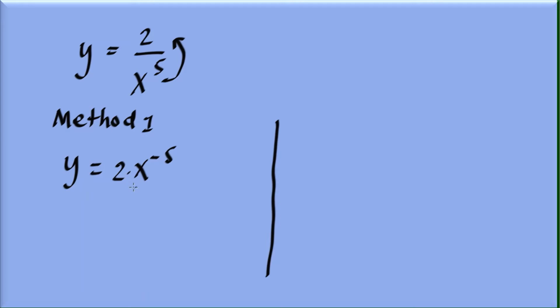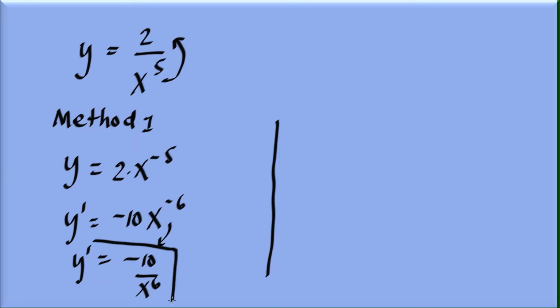So this is no longer a quotient rule question, but a power rule. So its derivative is negative 5 times 2, which is negative 10, x to the negative 5 minus 1 or negative 6. So now you can bring this down. That's negative 10 over x to the positive 6.